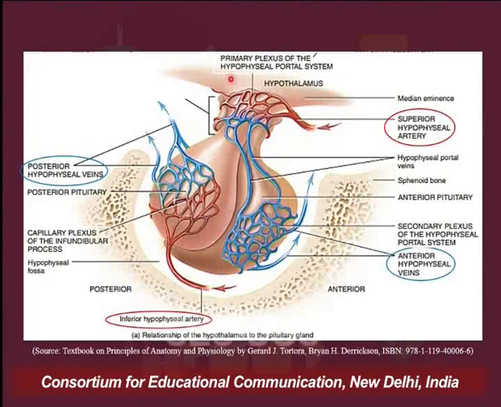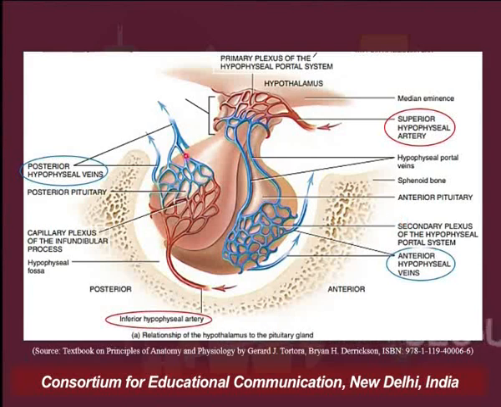So you need to understand that this is the primary plexus of the hypophyseal portal system, and it is then forming another plexus which you refer to as the secondary plexus of the hypophyseal portal system. And this portion where the secondary plexus is being formed is the part of the anterior pituitary.